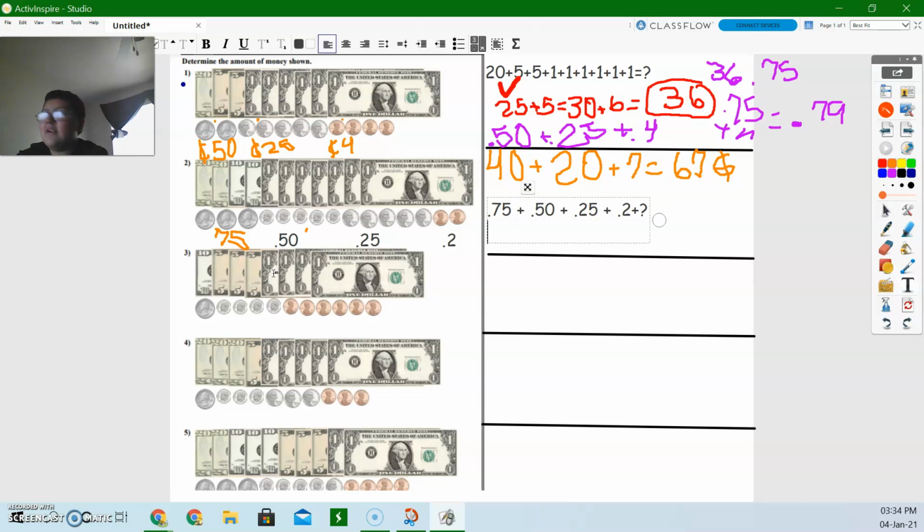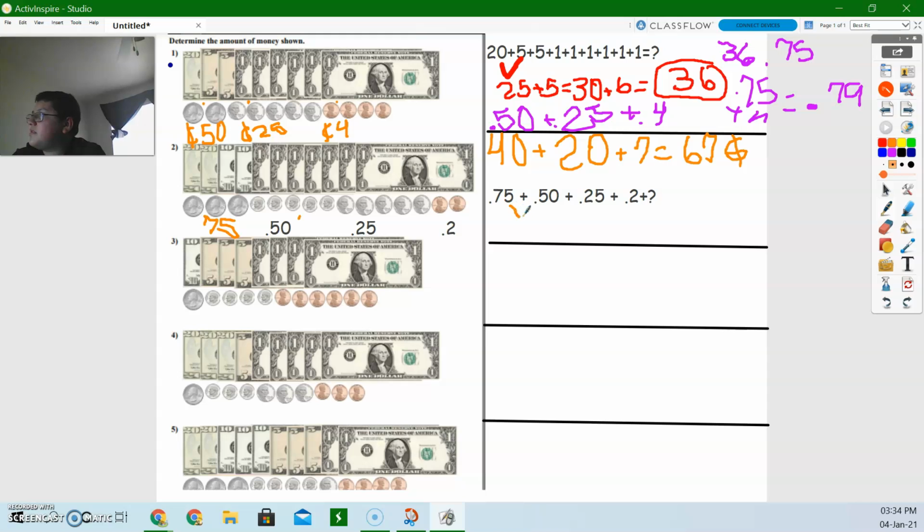Now, I'm going to do this in pen now that it's going to be easier. So, 75 plus 50. You can either use your brain or you can use your calculator. But this time, to save time, we're going to use our calculator here. So, we put 0.75 as we have it here, plus 50 cents.